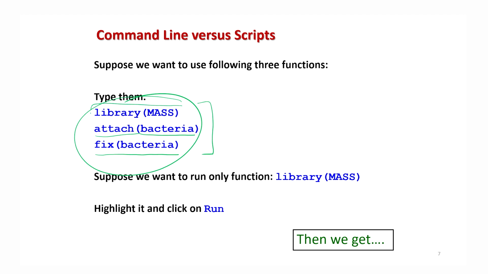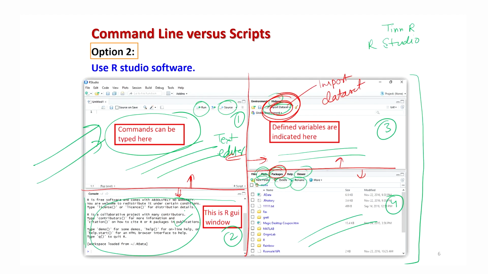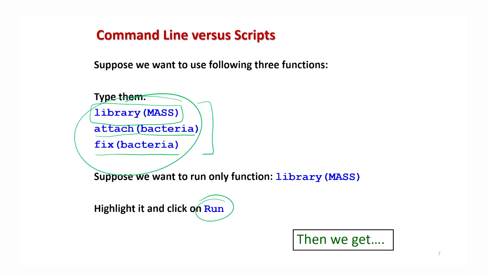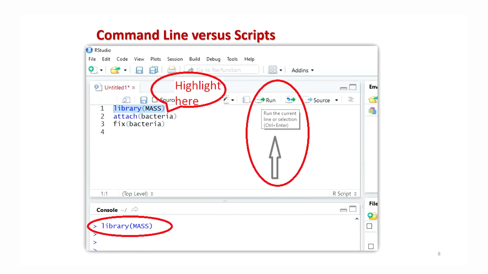For example, if I want to execute only library MASS, I will highlight it and there is a button there, run. You can see here, this is the run button, where I am marking the circle. If you just click over there, then it will run. First, let me show you what will happen here, so that you can understand it. Now you see, this is window number 1, where I have typed these commands, and now I am trying to highlight it.